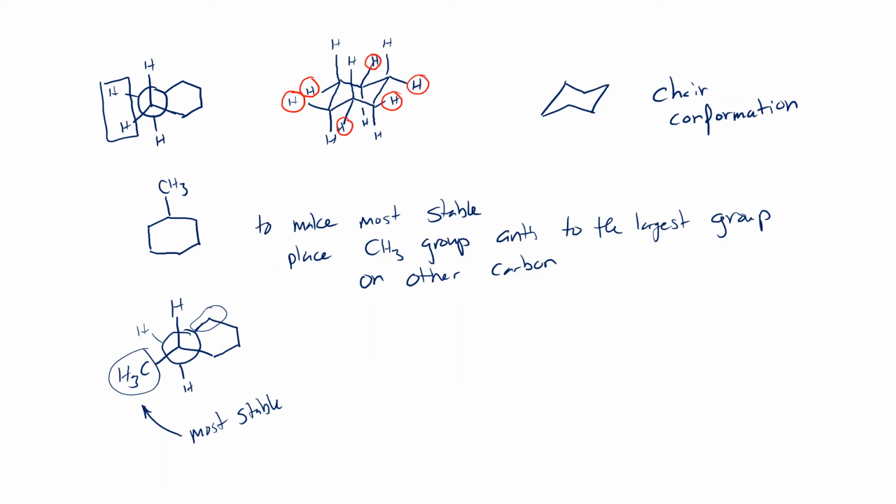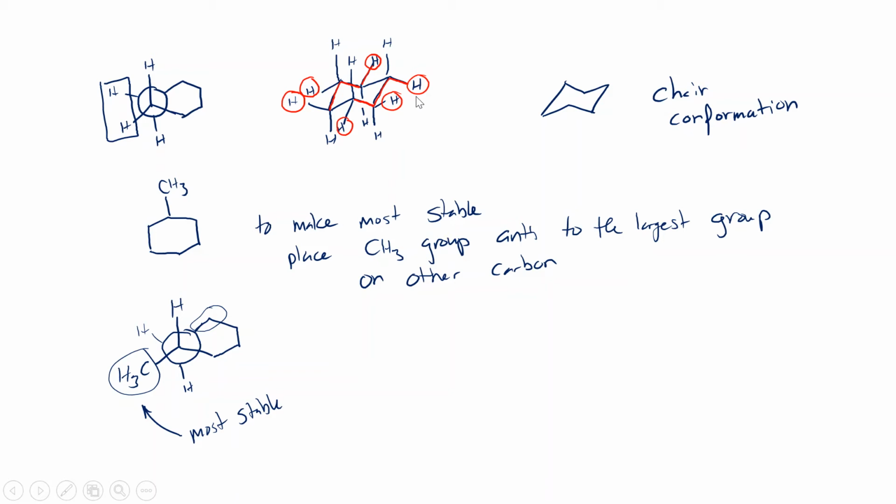All of these positions, if you look at where those bonds are, they're 180 degrees from the parts of the cyclohexane ring. You can do the same thing over here. If we look at this bond, it's 180 degrees from this bond right here, and 180 degrees from this bond right here. So if we put a methyl group on here, we want to put it in one of these six positions, depending on which carbon we're looking at.